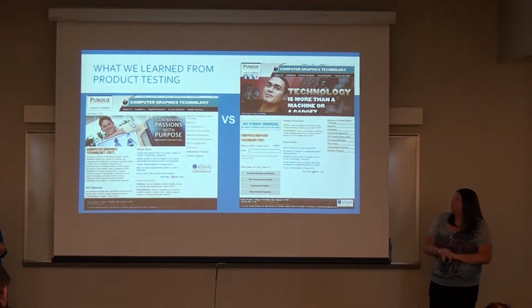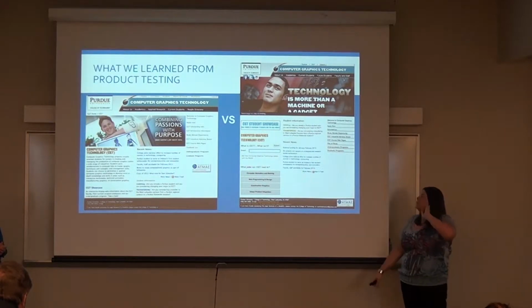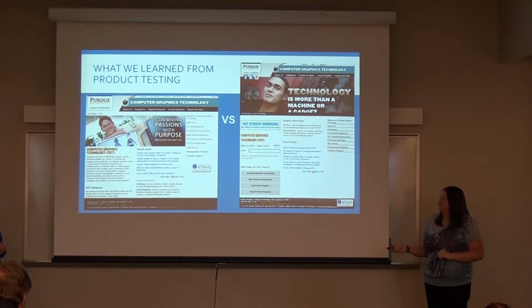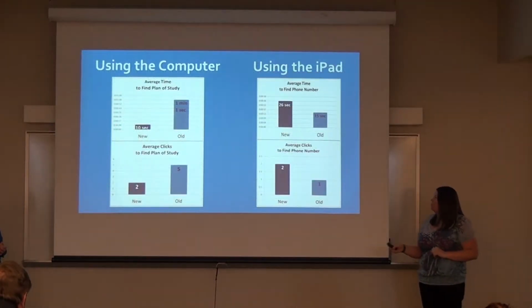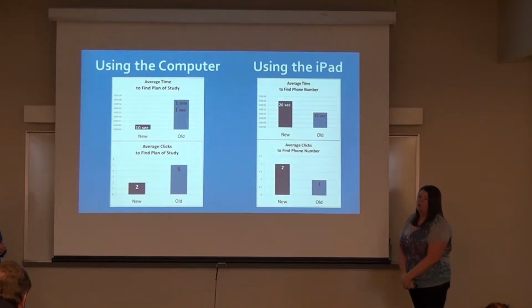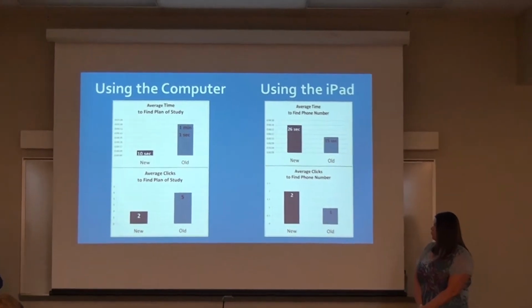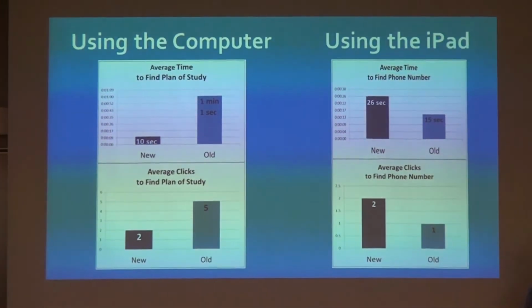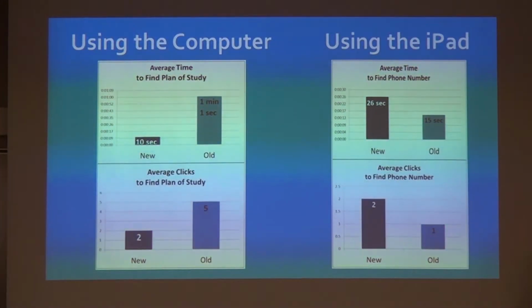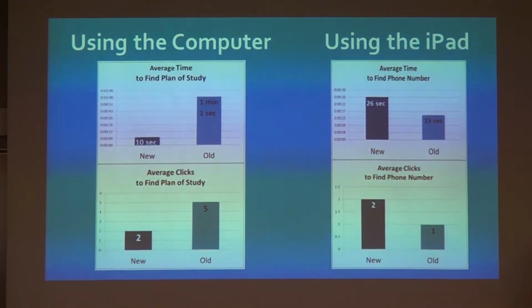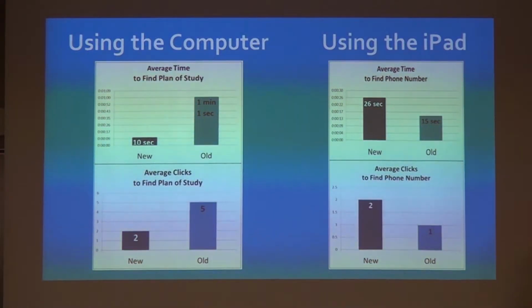What we learned from our product testing, the current site versus the new site. And these are the results. When using a computer to find the plan of study, it took an average of 1 minute and 1 second on the current site.